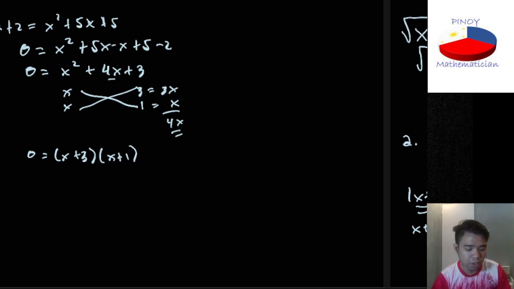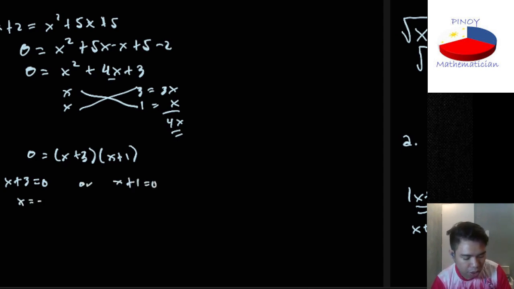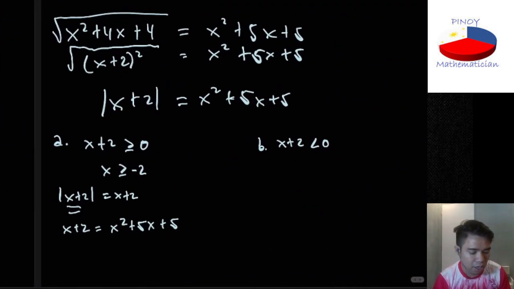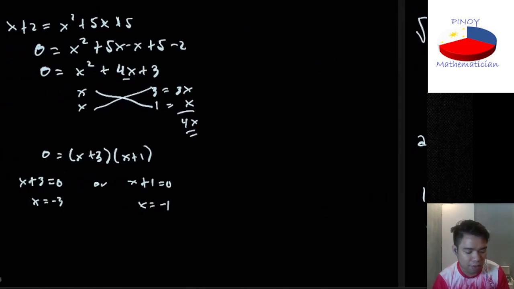We can solve x plus 3 equals 0 or x plus 1 equals 0, so x is -3 or x is -1. Now, the condition of letter A says that x is greater than or equal to -2. So x equals -3 cannot be considered because it's less than -2. So the answer for the letter A condition is x equals -1.